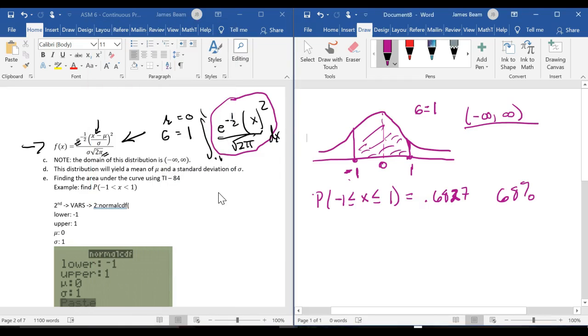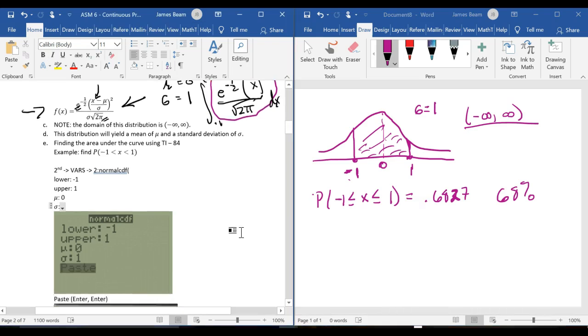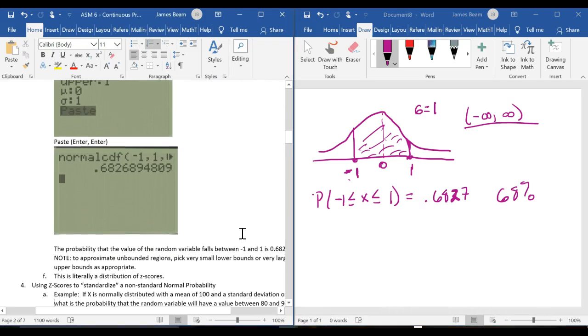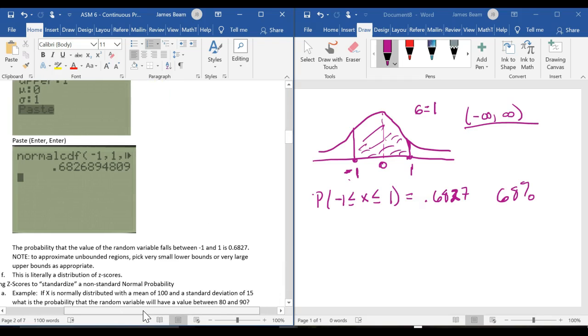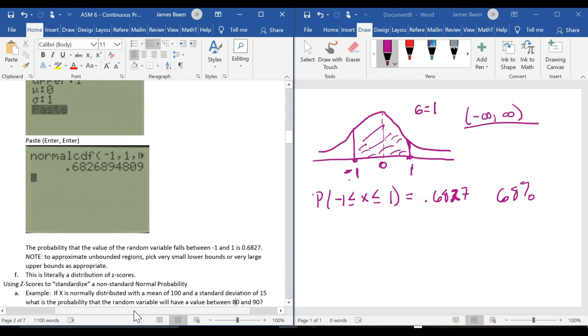All right, so what you're picking up on here is that in the normal curve, you're literally creating a standard, or a distribution, of z-scores, right? This is the probability that my z-score is between -1 and 1, because the z-score is how many standard deviations I am from the mean.